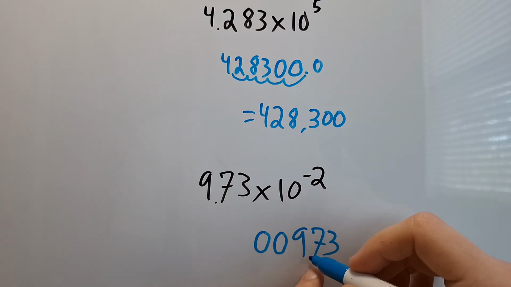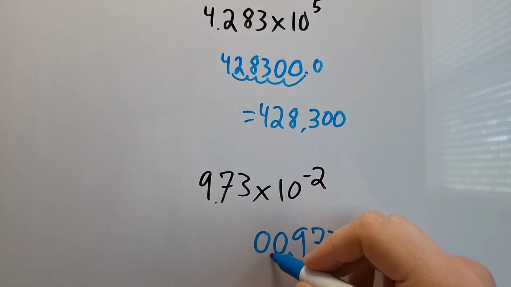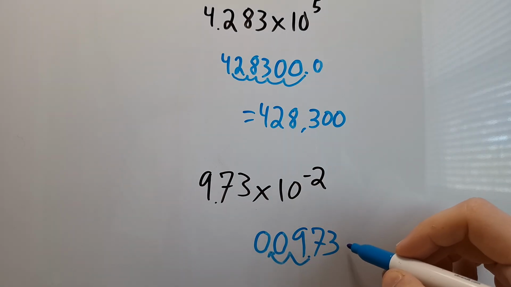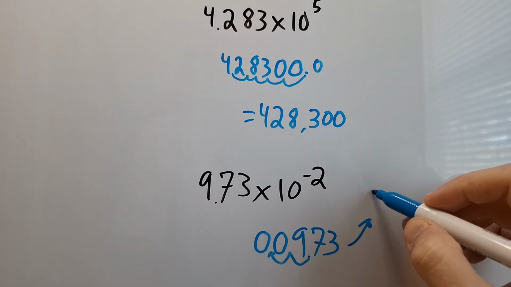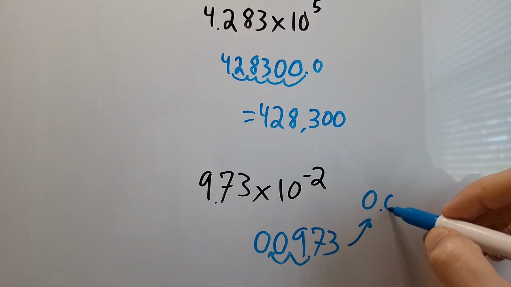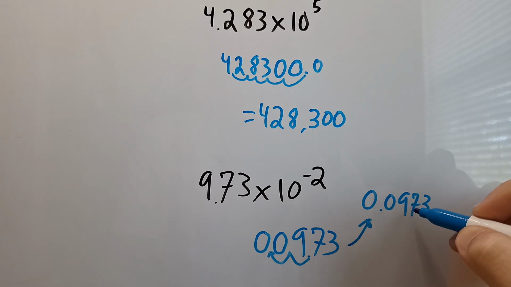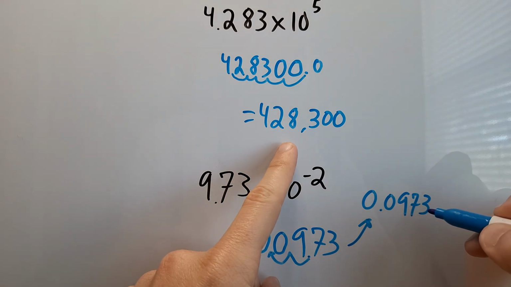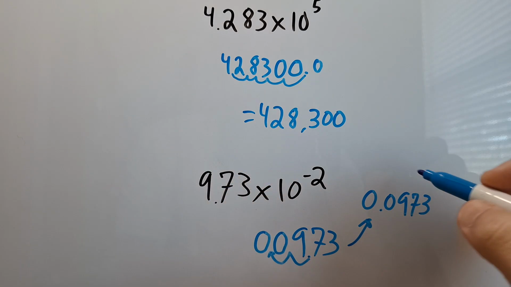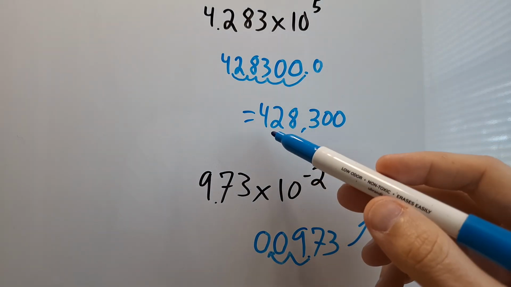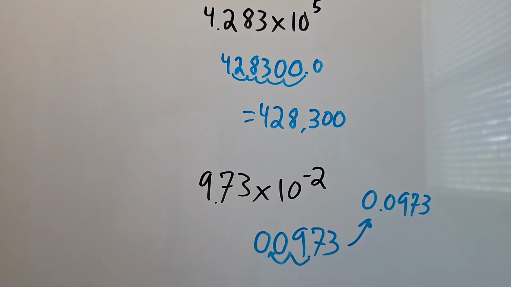So our decimal point started here. We're going to go 2 places now to the left, and here's our new number. I'll write it up here. 0.0973. So this is what they refer to as a small number, because it's in between 0 and 1. Any number that's bigger than 10 is considered large for scientific notation purposes.